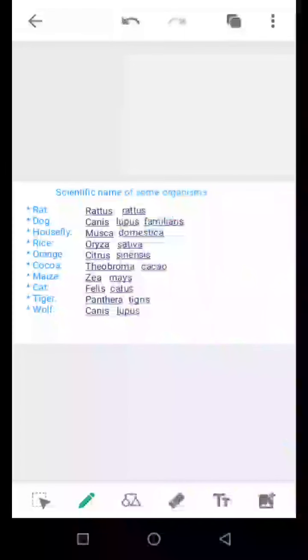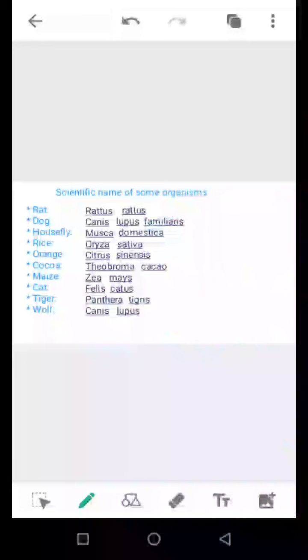So here on this board, I have scientific names of some organisms. The first is rat. We all know what rat is. So the scientific name of rat is Rattus rattus. Can you see the way I wrote it? So I picked the first format of representation, which has to do with underlining.